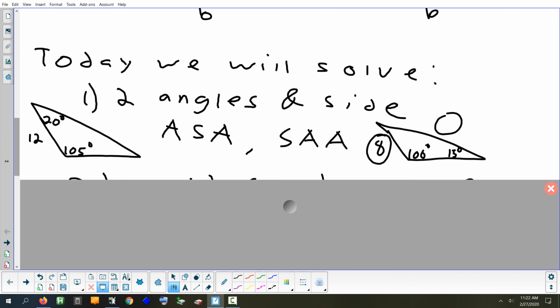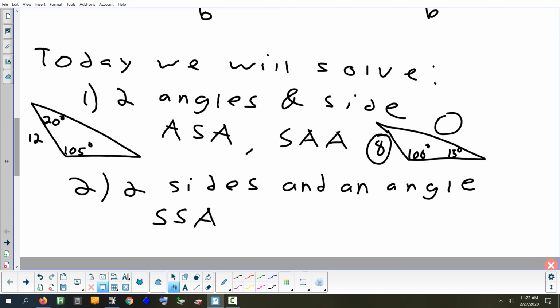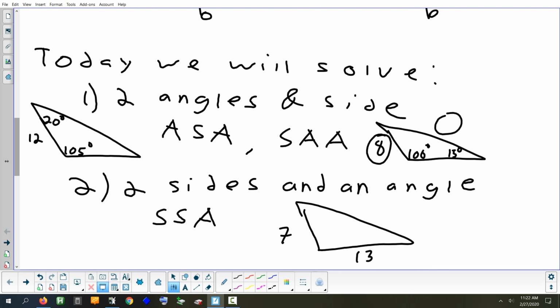So either one of these cases, once we learn it, you're going to use law of sines to solve for everything else. The third case, and the last case, that we can use law of sines for is if they give you two sides and an angle. But it has to be set up like this. Side, side, angle.